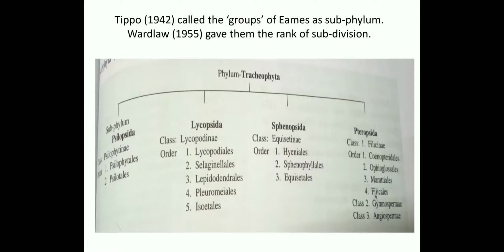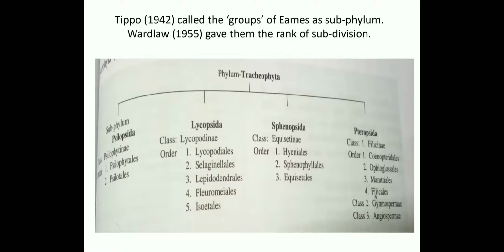He just renamed the groups as subphyla. Then the classes were Psilophytinae, Lycopodinae, Equisetinae, and Filicinae, Gymnospermae and Angiospermae.